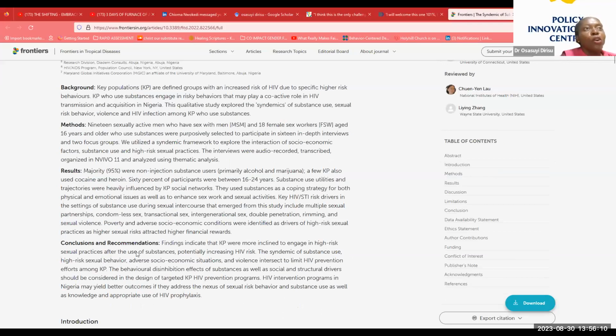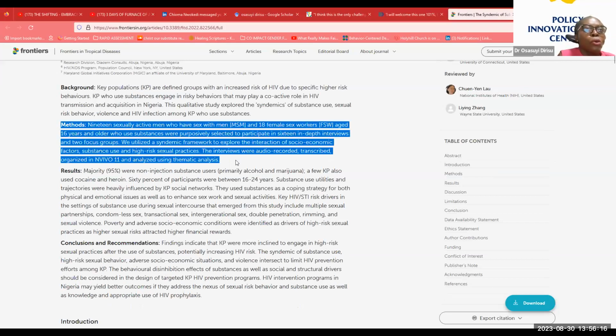Okay, great. So quickly, if you look at the methods, and I'm just highlighting it with my cursor, this was a paper where I think the limit was 350 words. You can see the first sentence talks about who we engaged with: 19 sexually active men who have sex with men and 18 female sex workers aged 16 to 18.